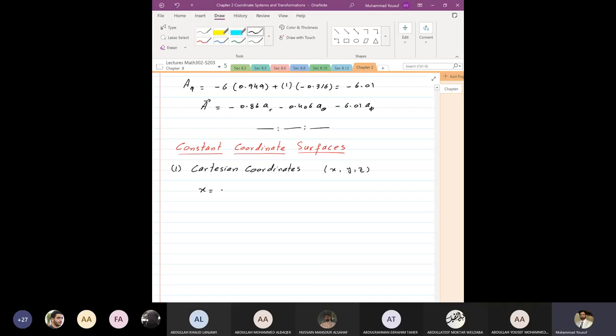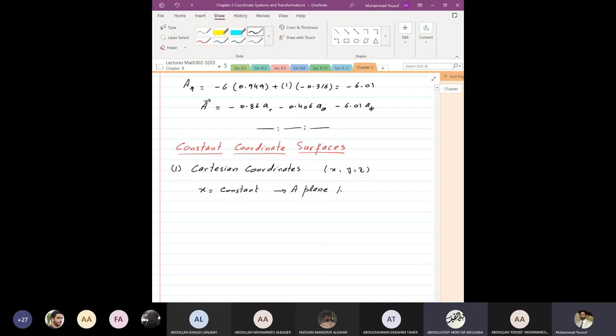Now x equal to constant. What is this? What is x equal to constant? When the value of x is constant in 3-dimensional space, it is a plane.